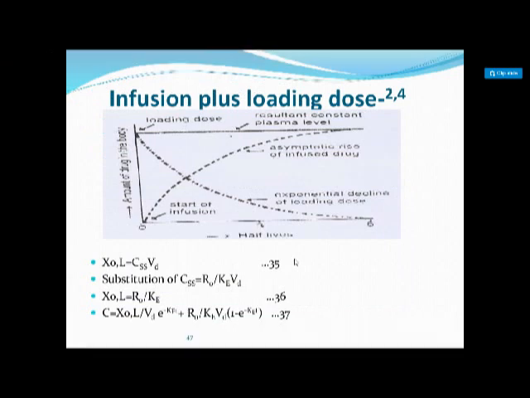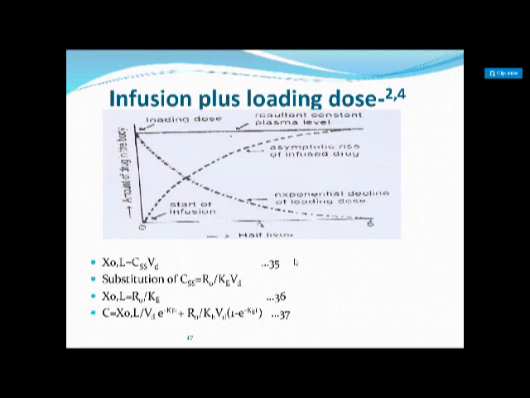Now generally what happens, some drugs are having a very long half-life.